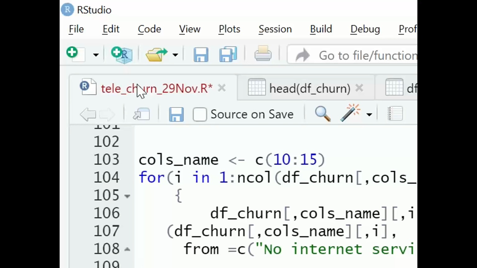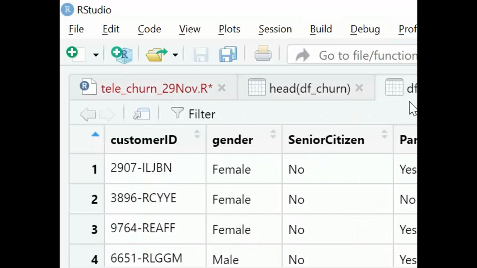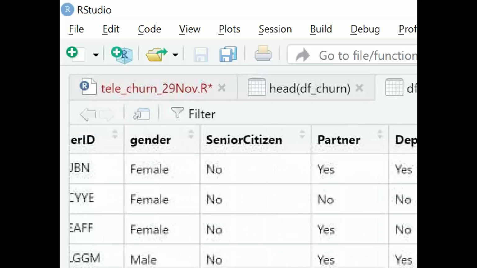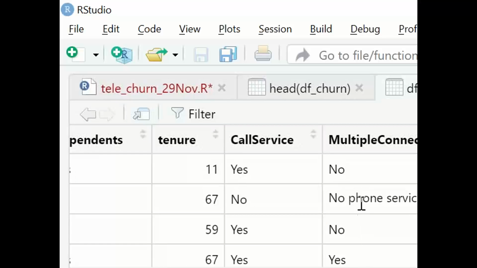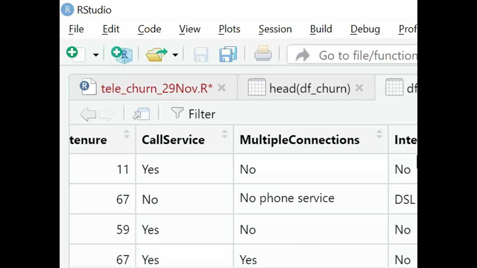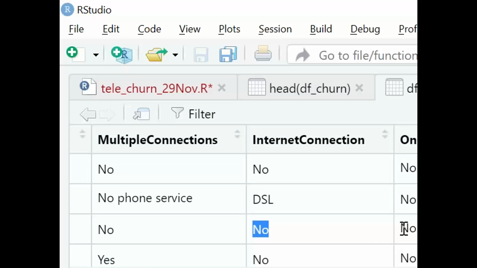Now, what I would like to do over here is that, in this data set, there are a lot of variables where we have written no internet service. So when a person has not enrolled for the internet, everywhere the person does not have internet, we have written no internet service.